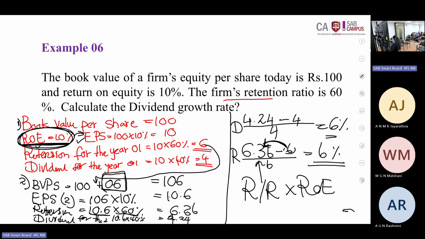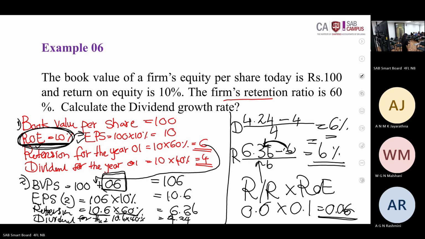So if you multiply retention ratio with the ROE, you can have the growth rate. ROE multiplied by retention gives us the dividend growth rate. Actually, the company's growth rate is equal to the dividend growth rate. Then the answer for this question is dividend growth rate is 6%.